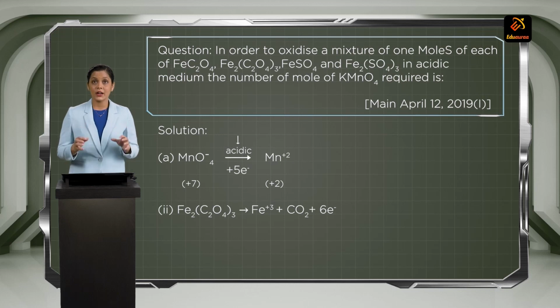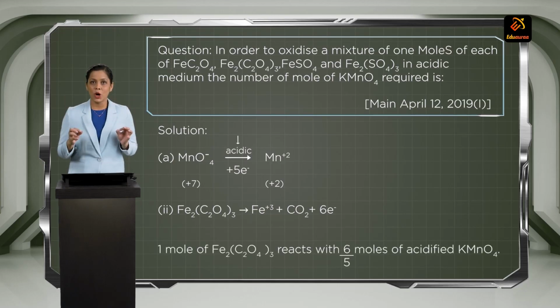But since there are 6 atoms of carbon going from +3 to +4, the compound loses 6 electrons. So, we conclude 1 mole of ferric oxalate reacts with 6 by 5 moles of acidified KMnO4.